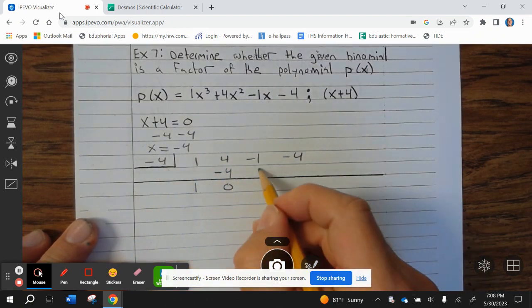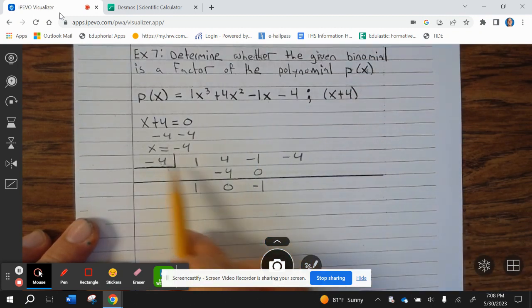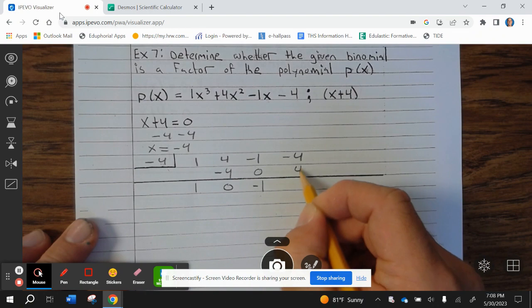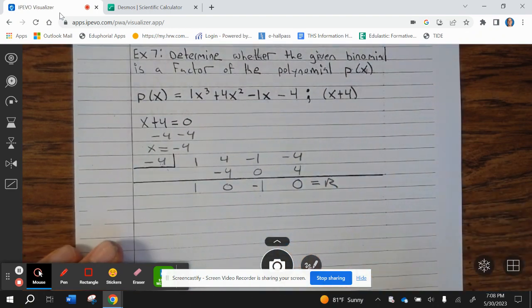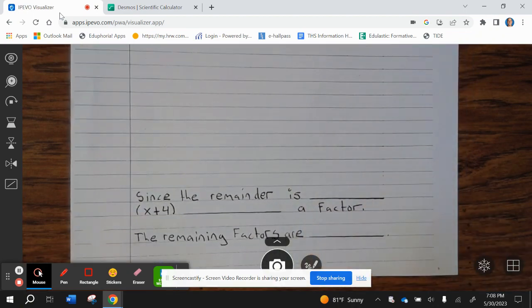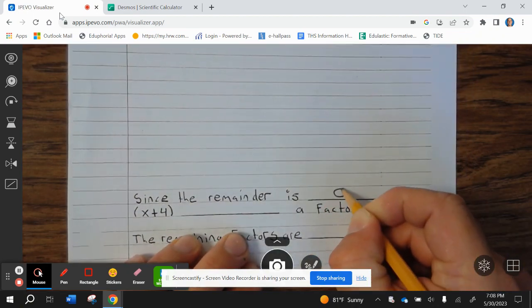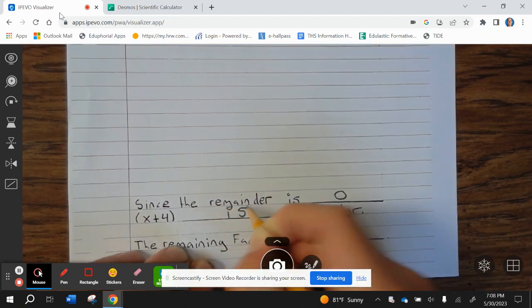Negative 4 times 0 is 0. Negative 1 minus 0 is negative 1. Negative 4 times negative 1 is a positive 4. The remainder is 0. Okay? Since the remainder is 0, x plus 4 is a factor.